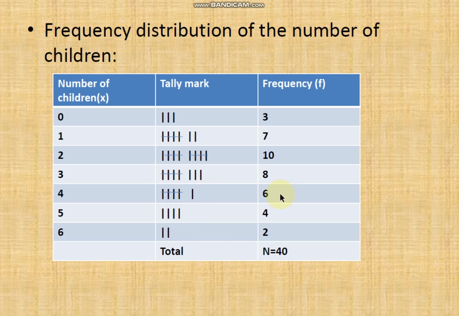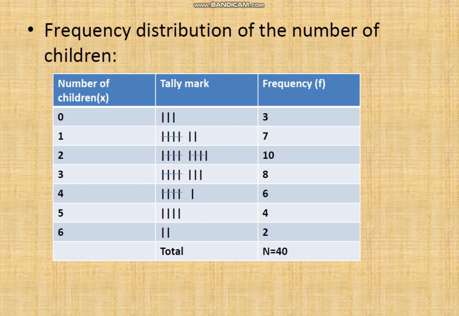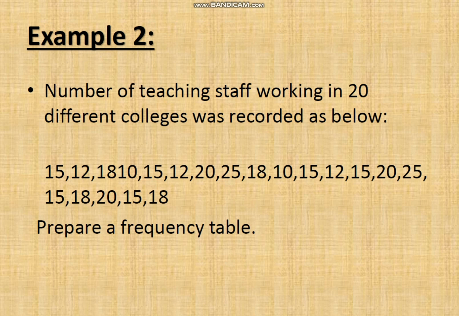So 8, 6, 4 and 2. The total should be 40. This total should be equal to the number given here. So that represents the formation of a frequency distribution, a discrete frequency distribution.